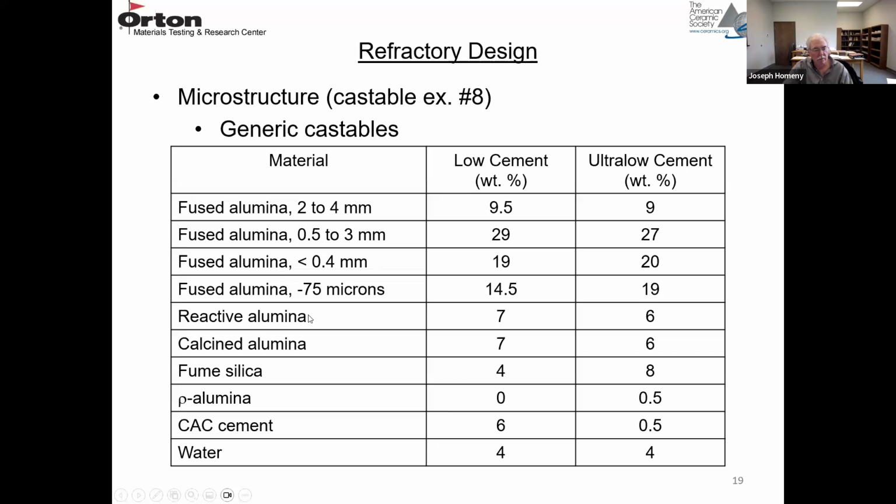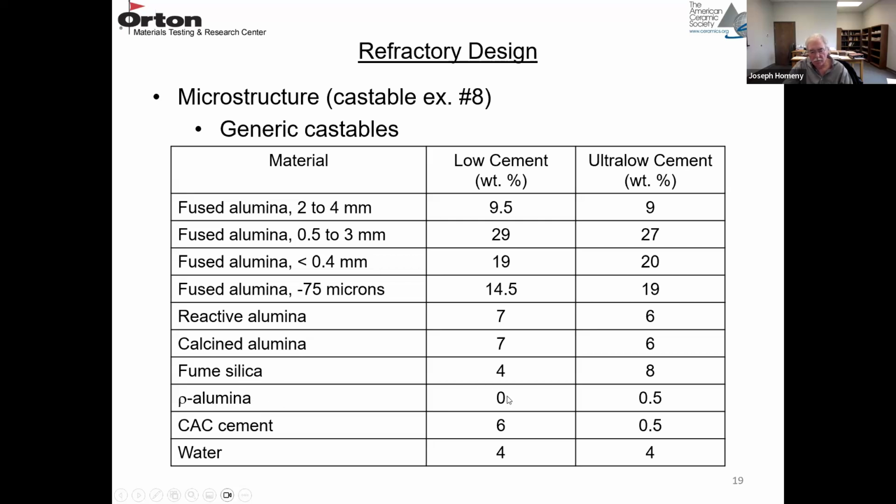And then you have a reactive alumina and another alumina that's calcined, probably not as fine as the reactive alumina. You have a fine particle size fumed silica, a rho alumina, which is very reactive. And when we talked about rho aluminas, they're hydratable.